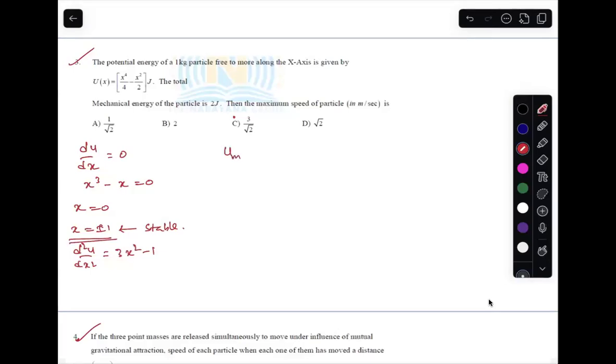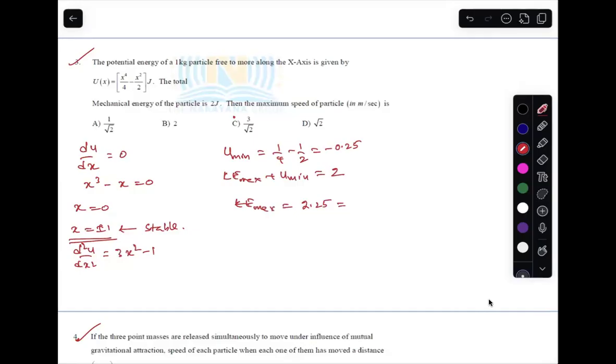So what is U minimum? U minimum is 1 by 4 minus 1 by 2, that is minus 0.25. So KE maximum plus U minimum is the total energy. That is 2 joules. So KE max is equal to 2.25.